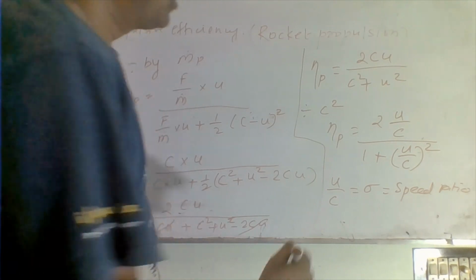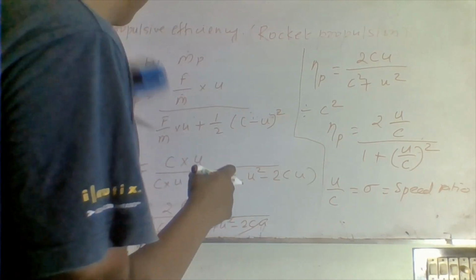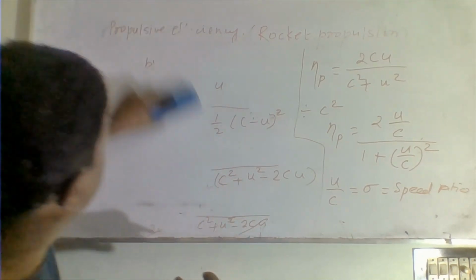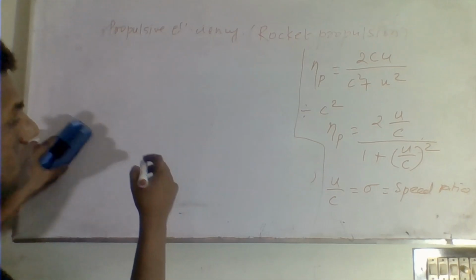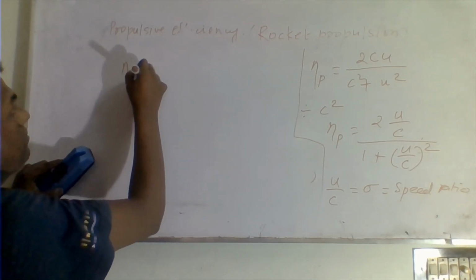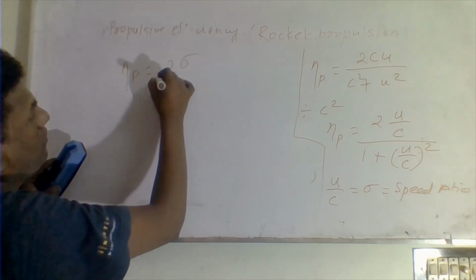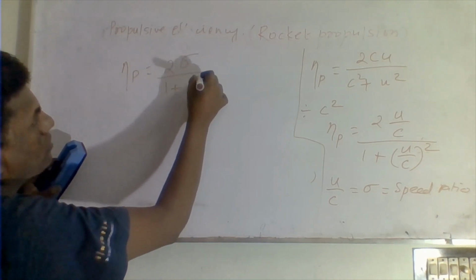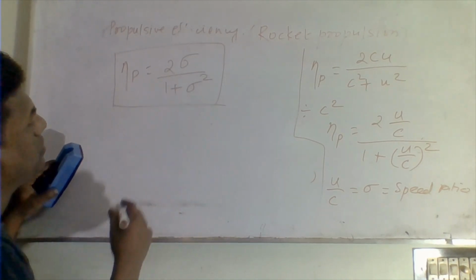So we can write it like this: our propulsion efficiency becomes 2 into sigma divided by 1 plus sigma square. This is the propulsion efficiency in rocket propulsion.